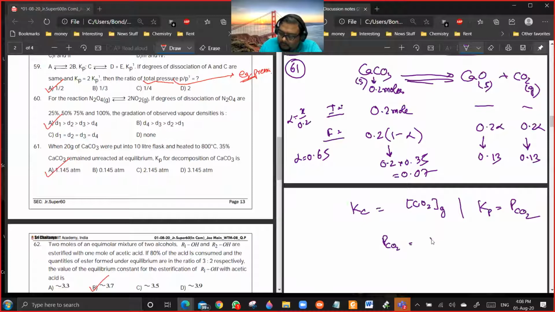Pressure of CO2 is nRT by V. So n is 0.13, R is 1 by 12, T is 1073, divided by V. So if we do the calculation, 1073 into 0.13, divided by 120, it is 1.162 atm.